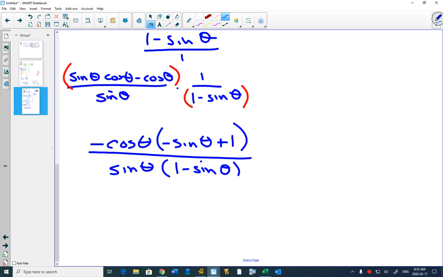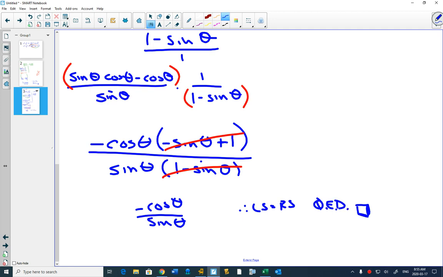And now these two factors are the same. And we're just left with negative cos theta over sine theta. And we're done.